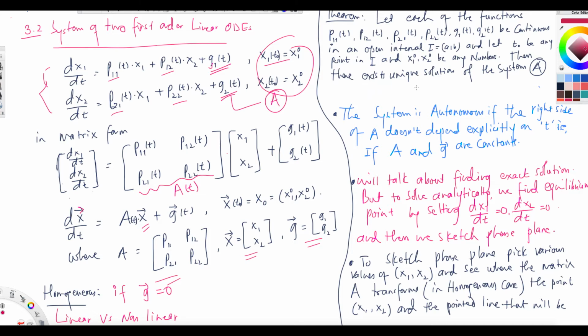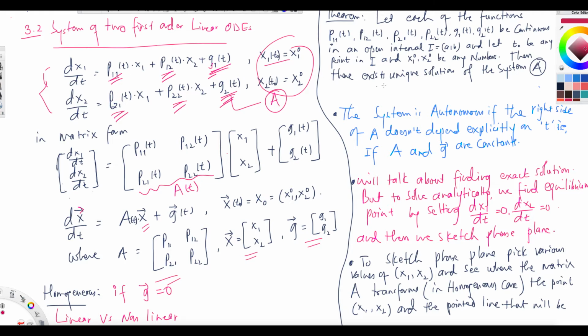Then there exists a unique solution of the system A. So if these terms are continuous in an open interval, and t0 falls in that open interval, then there exists a unique solution of this system.